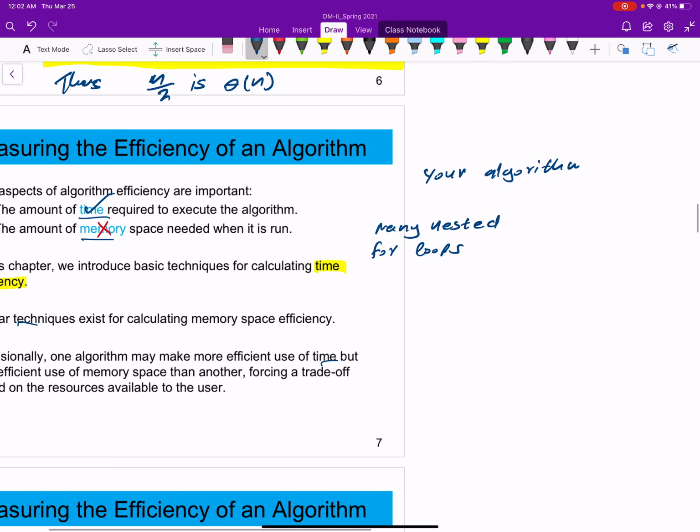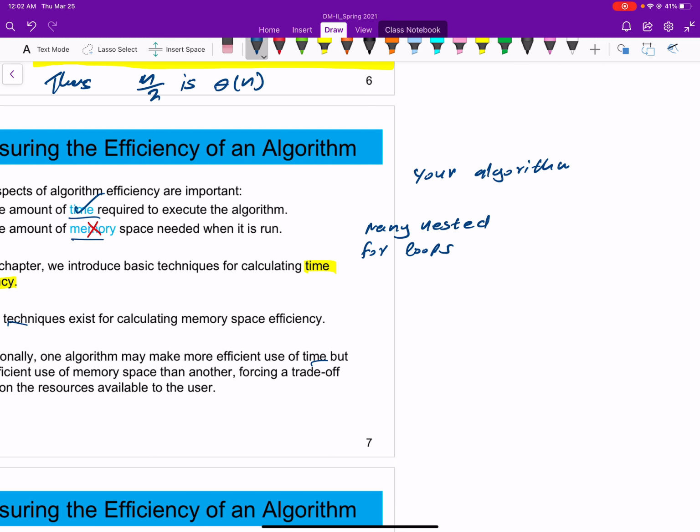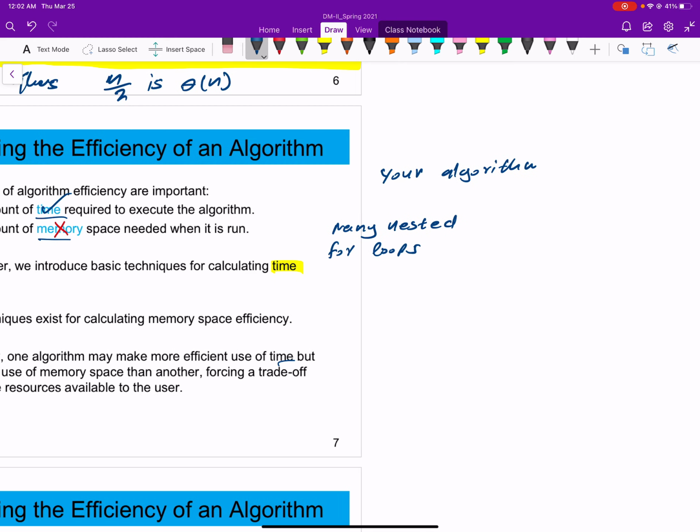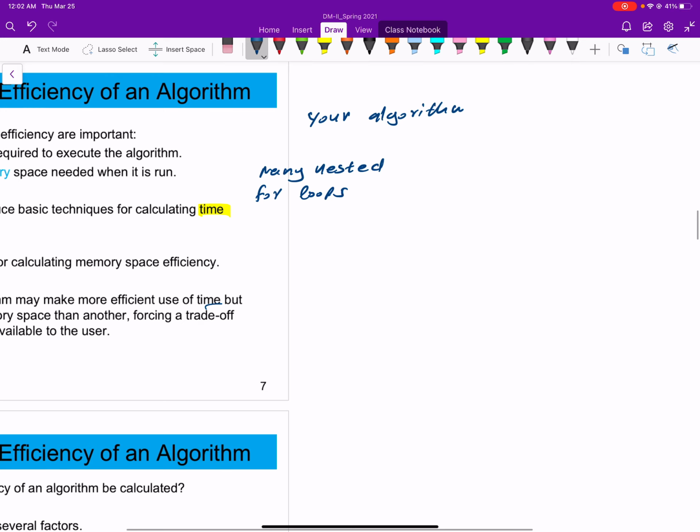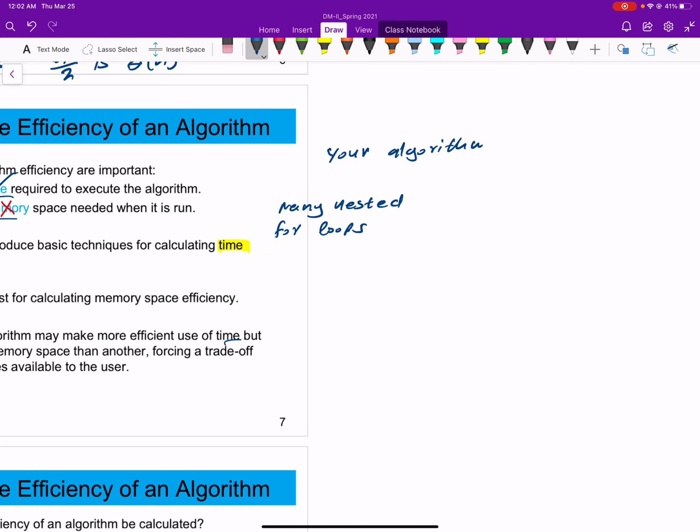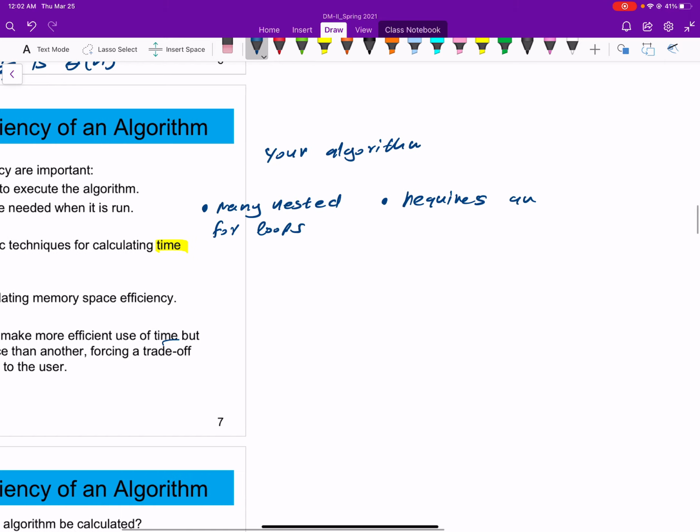The second case is it requires an inverse of a big matrix.